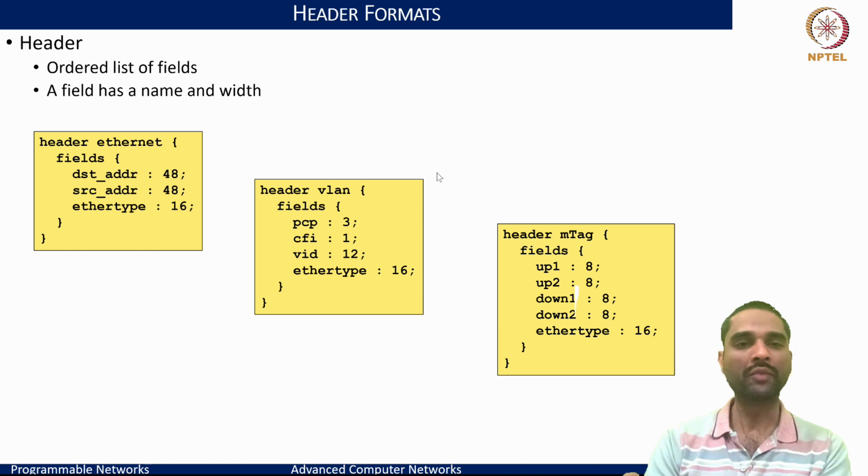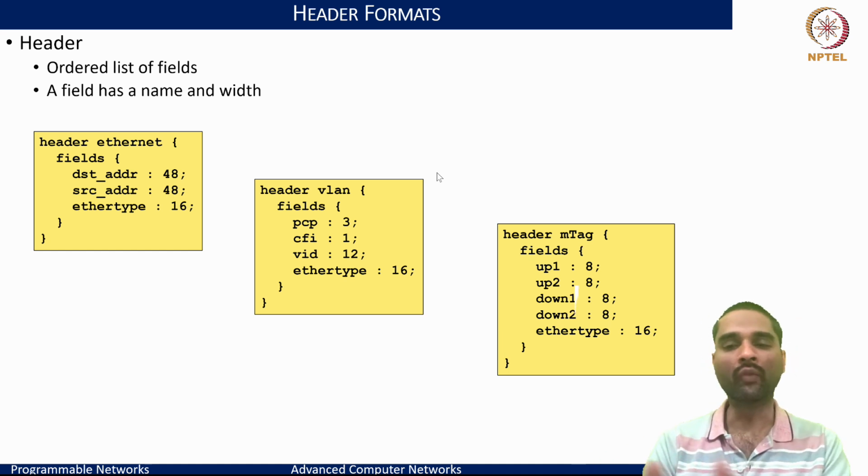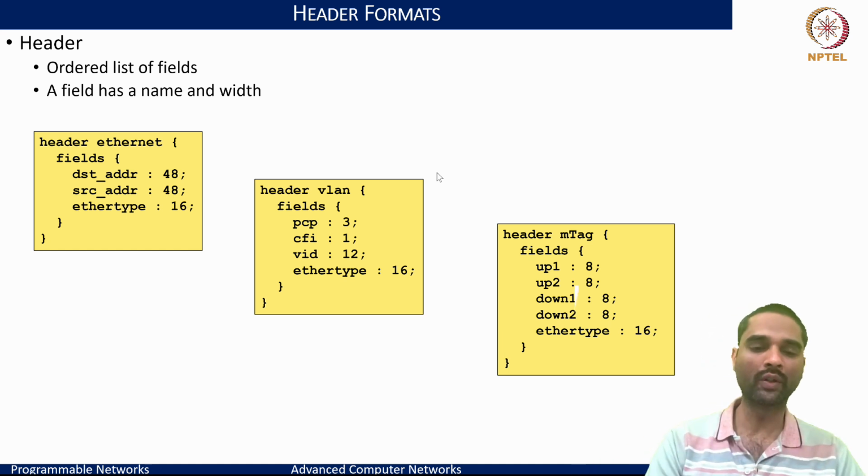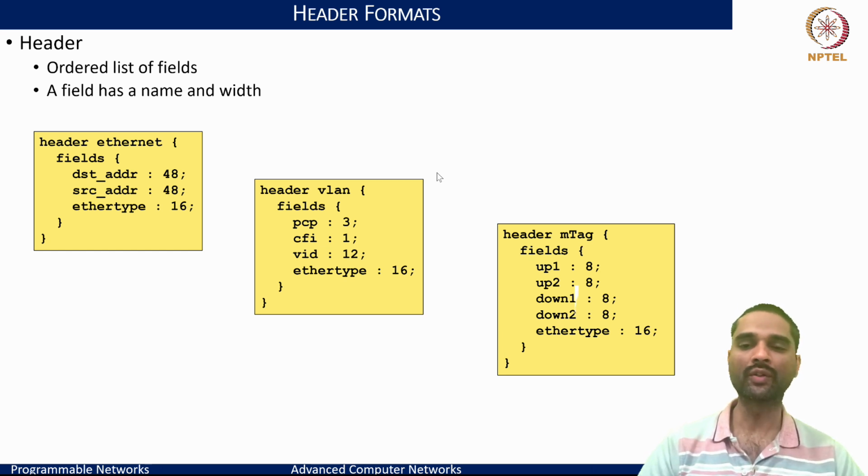This is how we have defined our header M tag in the construct of the P4 language, which says that we have 4 fields: up 1 with 8 bits width, likewise up 2 with 8 bits, down 1 and down 2 as 8 bits each, and ether type as a 16-bit entry.